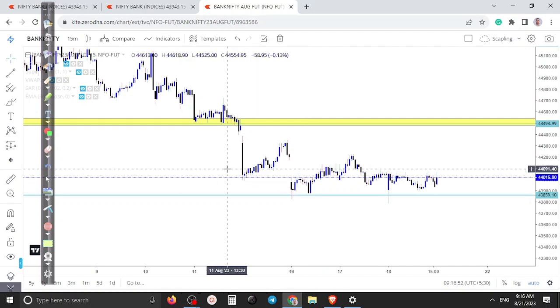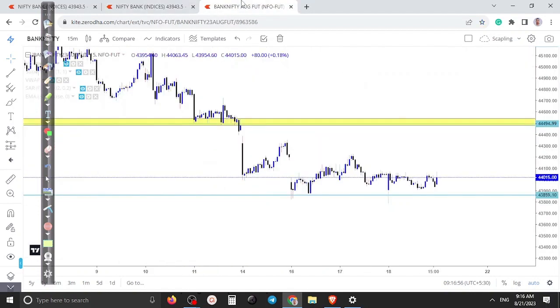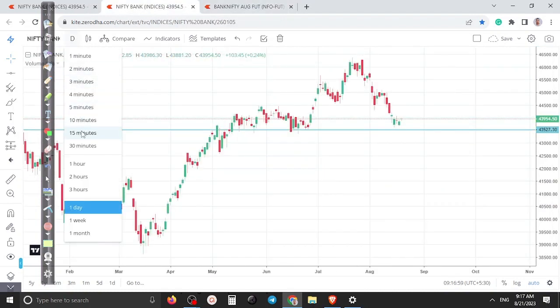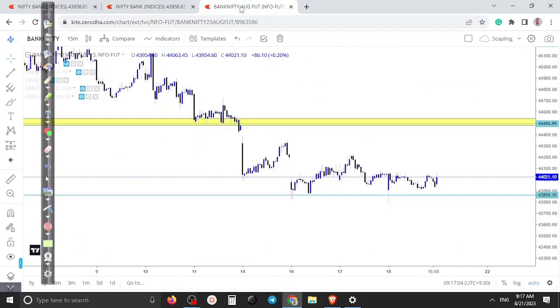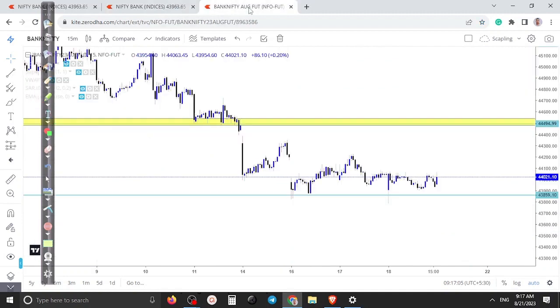All right, so let me show you the pattern also. This is the 15-minute chart, and let me show you the 15-minute spot chart. The pattern is almost the same. Basically, I use the future chart to use the V wave.